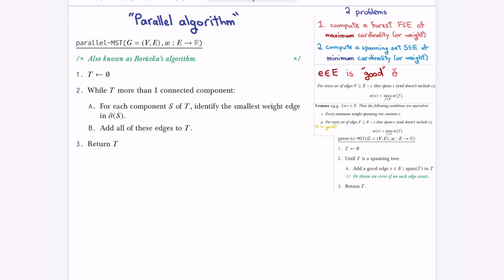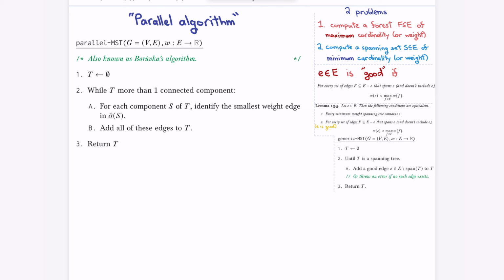So the question is, how many rounds of this algorithm do we have? Sure, at most n minus 1, because we should be getting rid of at least one vertex, right? Contracting one, but we're doing a lot more work than that. So everyone chooses an edge, right?